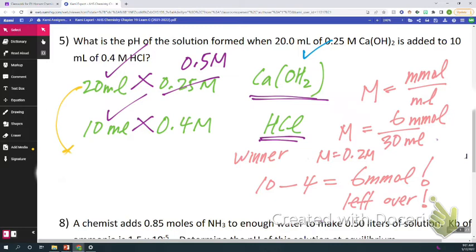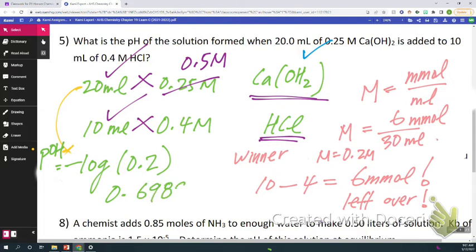Right? Negative log 0.2. But that's the pOH, okay? Because you're negative logging the OH minus. So negative log 0.2, and you're getting 0.69897. 14 minus that answer. This is pOH.